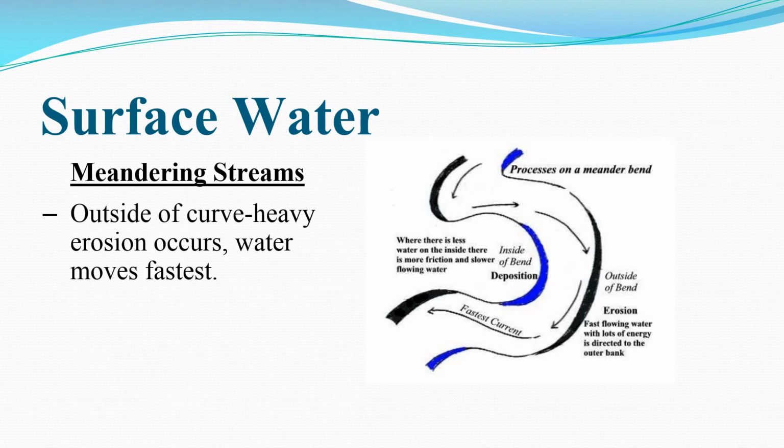So on the meandering streams, on the outside of the curve, heavy erosion occurs. On the outside, you have fast flowing water, because a lot of times, even if you go to the water park, it's nothing like when you go straight down, but when you hit them curves, you're sliding up the ramp and across, and the speeds are just tremendous.